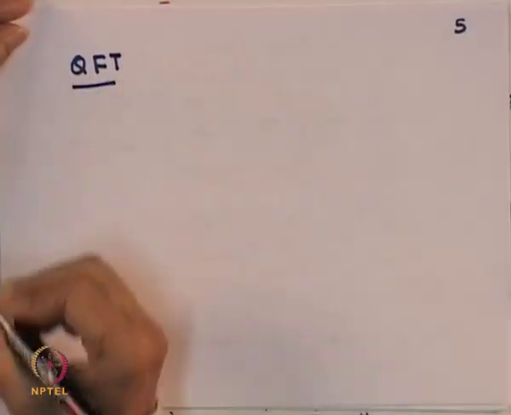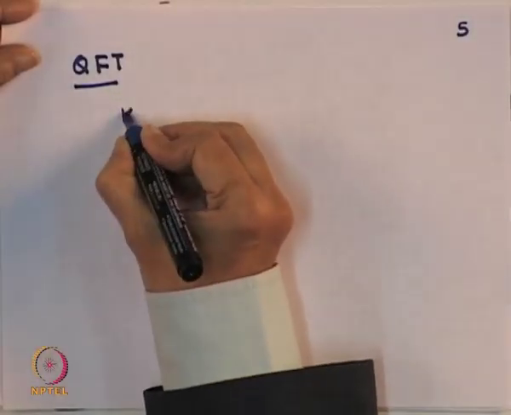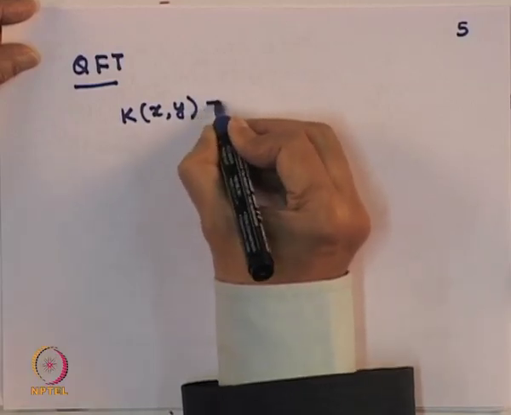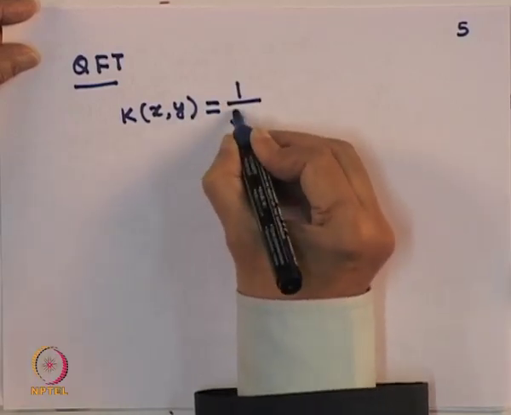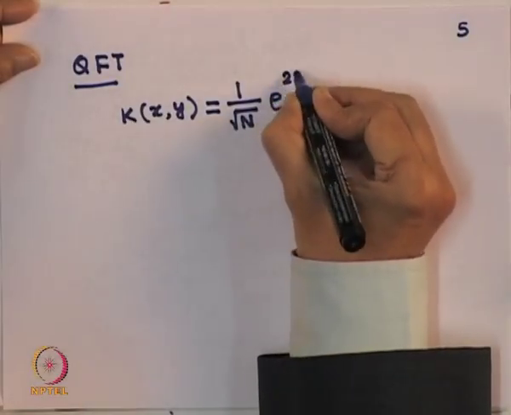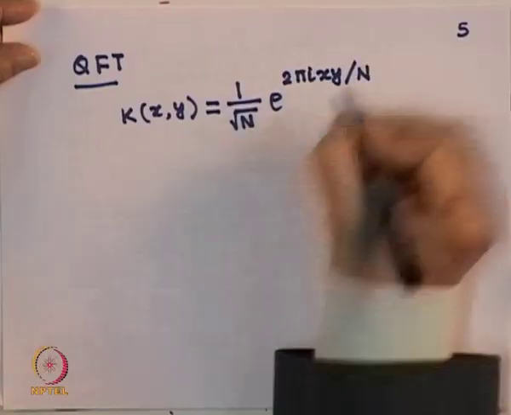So what we do is this: for the quantum Fourier transform, frequently written as QFT, my kernel k_{xy} will be taken to be 1 over square root of N, e to the power 2 pi i xy divided by N.